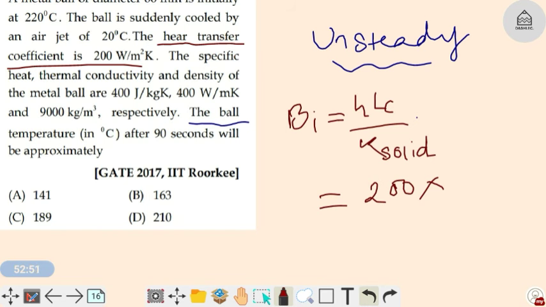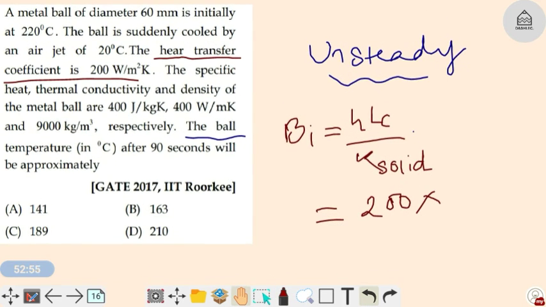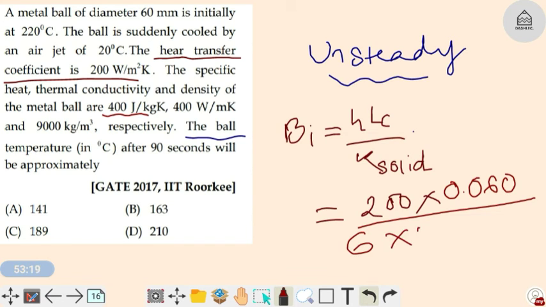So L_c is 60 mm dia, so D by 6, D is 60, so 0.060 divided by 6. And k of solid, thermal conductivity, is 400.